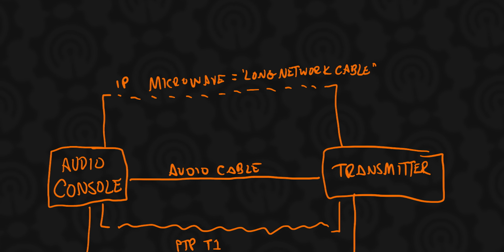You can now send audio out, you can get audio back, you can send commands out, you can get telemetry back, you can monitor all your stuff, you can see webcams, security cams, remote controls, all kinds of stuff. So IP microwave links are pretty cool and pretty easy to do these days.